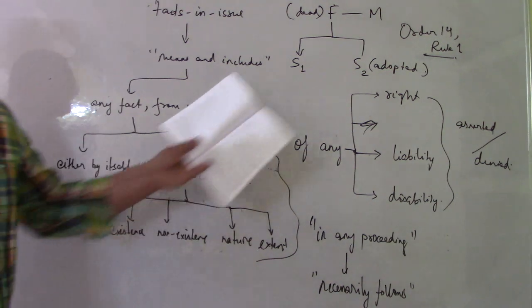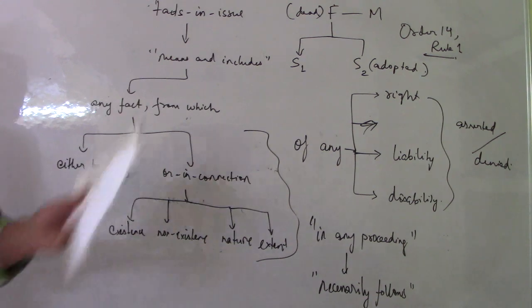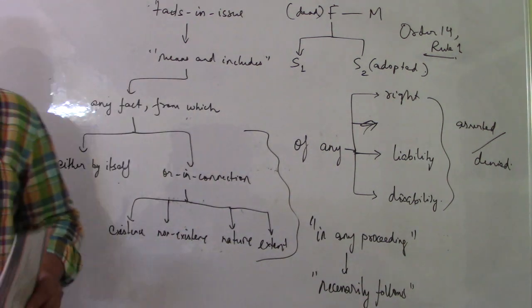It is being asserted that S2 is not the adopted son. What is simultaneously being denied? That he is the adopted son. So this is an issue of fact. So the answer to that issue of fact is what? Whether he is adopted or not. Right? So that itself is a fact in issue.